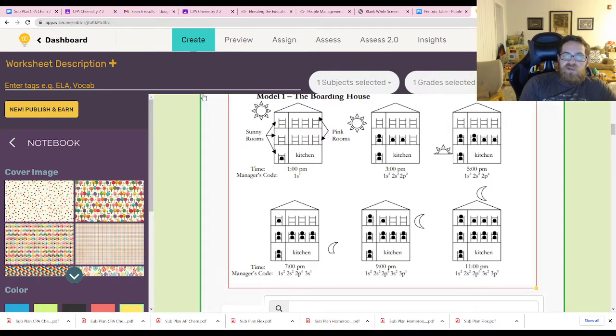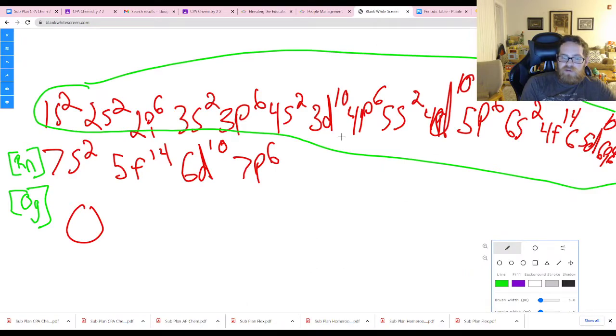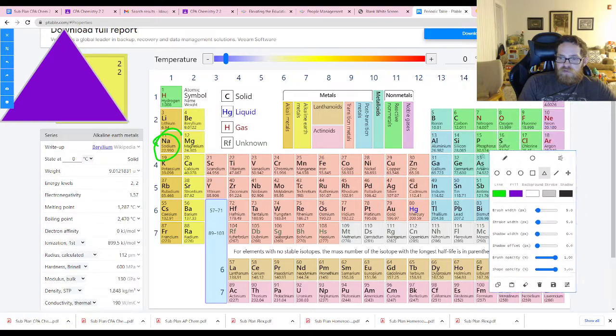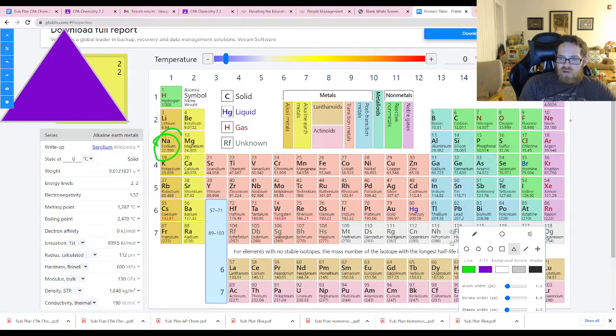To write the abbreviated configuration, though, we have to look at the previous one. The previous one is neon. So you just say, in parentheses, neon 3s1.